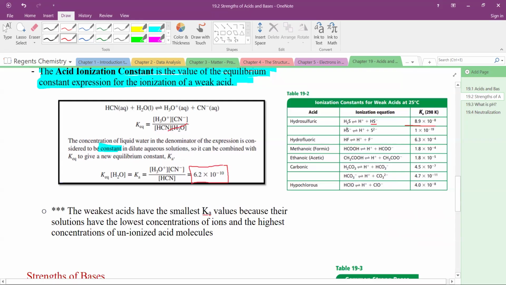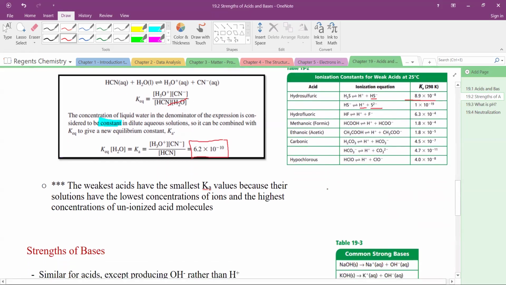But then when we try to remove that second hydrogen to form just S2 minus and H plus, it goes all the way down to 1 times 10 to the negative 19. So it's a very, very, very weak acid. That second hydrogen is very hard to get to come off. And you can read down here. We have lots of acids here that we can see.